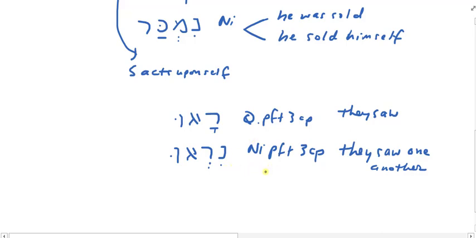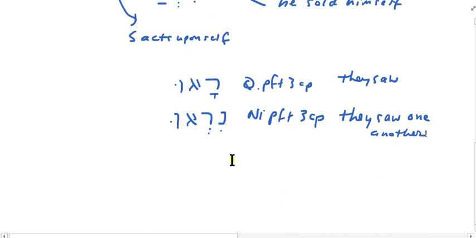Okay? Nir'u could also be they were seen. It could have just merely passive meaning. And again, you need to know what your context is to know what's the best way to translate it. All right. And then there is a third sort of catch-all category, okay?